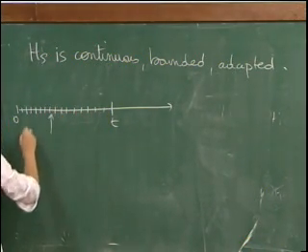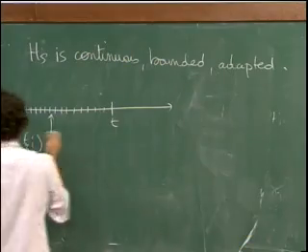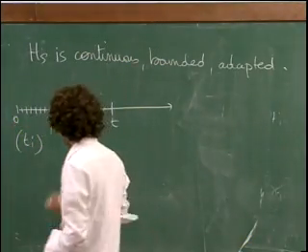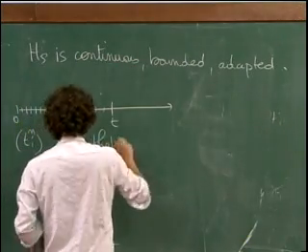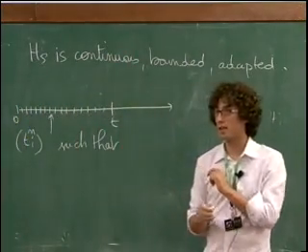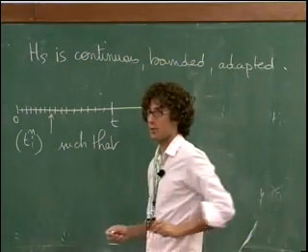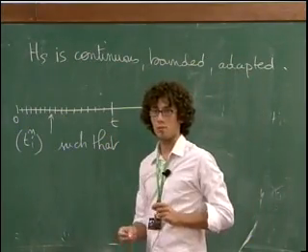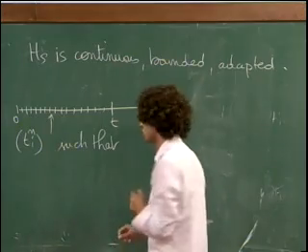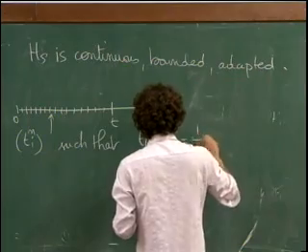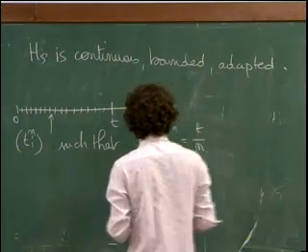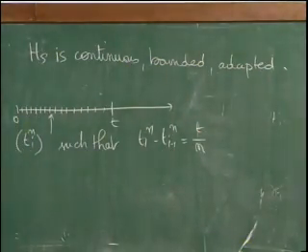a partition, a sequence of times, such that the first time is 0, the last time is t, and the step between two adjacent times is tending to 0. Let's say you have n points. You can just take the natural partition.